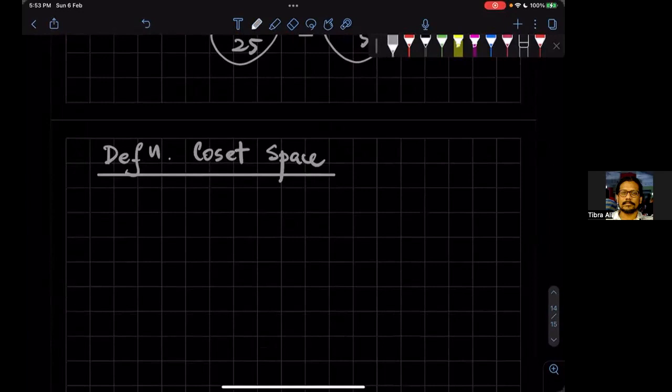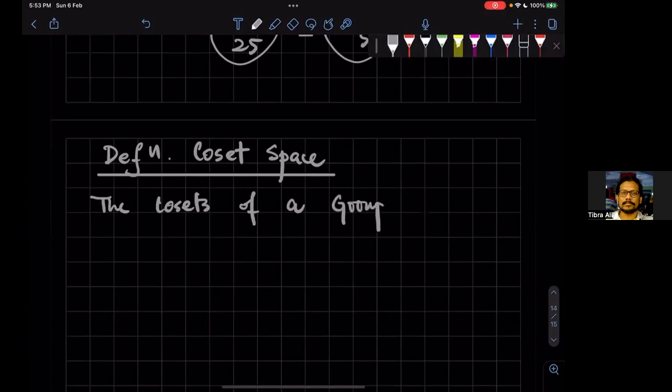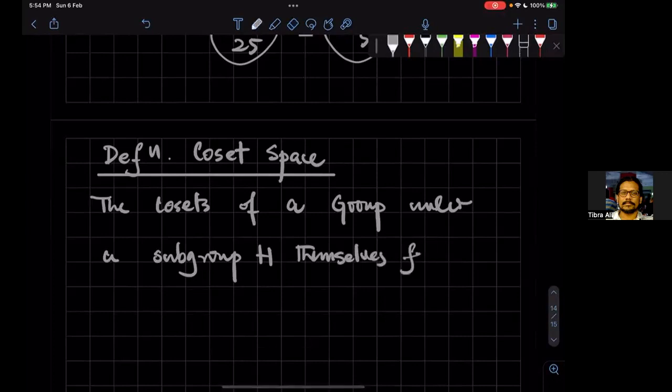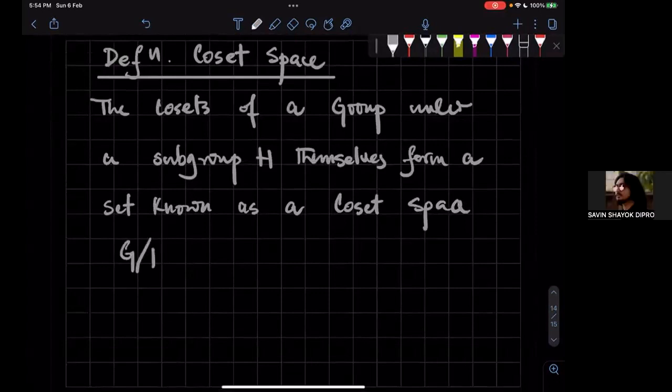So, the cosets of a group under, say, a subgroup H themselves form a set known as a coset space. And usually it's written by G over H.